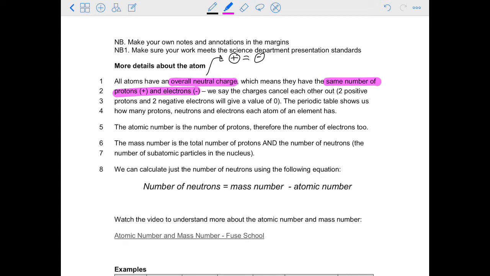The periodic table, you might have noticed, has numbers for each of the elements. These numbers show us how many protons, electrons, and neutrons each atom of that element has.